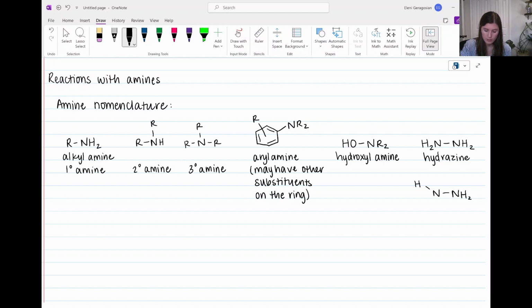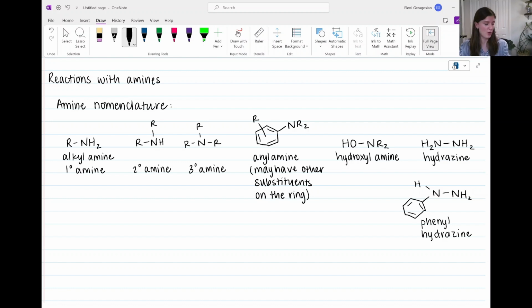One's bonded to two hydrogens and one's bonded to a hydrogen and a phenyl ring. The name of this molecule would be phenylhydrazine. So that substituent group, the phenyl group, is named before the hydrazine word.